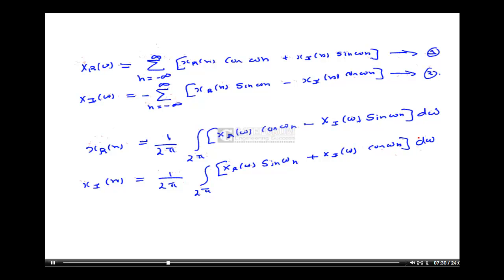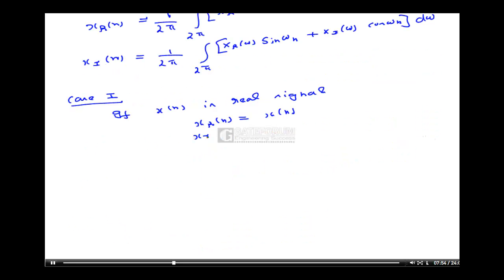Okay. Now take the case. Case 1. If x[n] is a real signal, okay, then what will happen? x_r[n] equals x[n], x_i[n] equals 0.